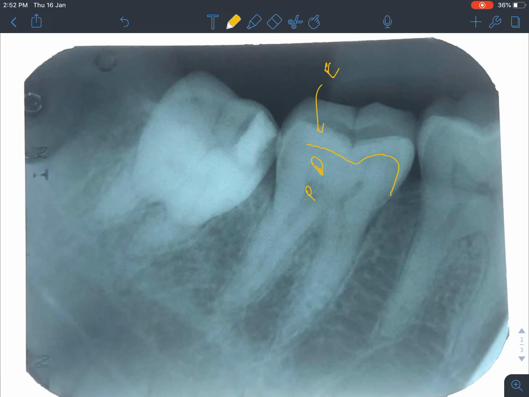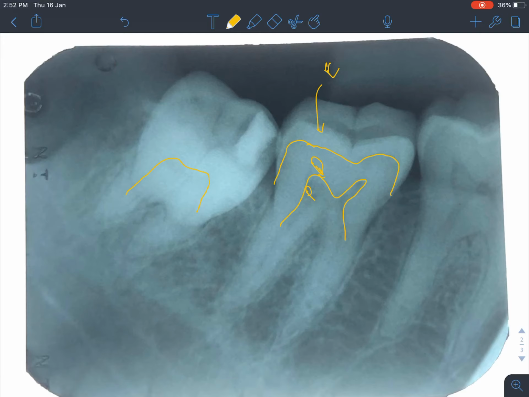Maybe it has to be somewhere there. Yes. So where is the pulp? Somewhere there, exactly. So now if you were to apply it to the tooth of interest, can you tell me where is the pulp? Somewhere there, yes? Can't really make out.